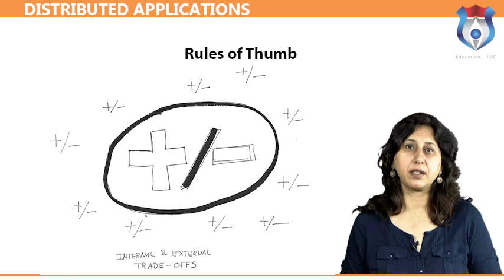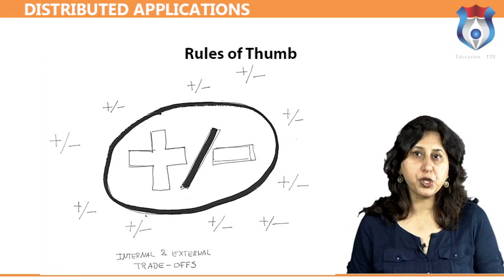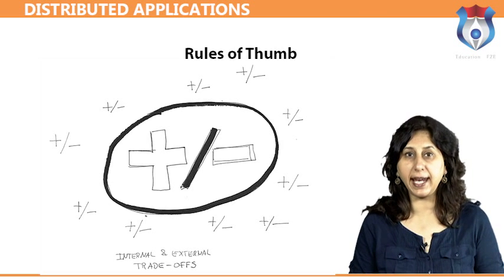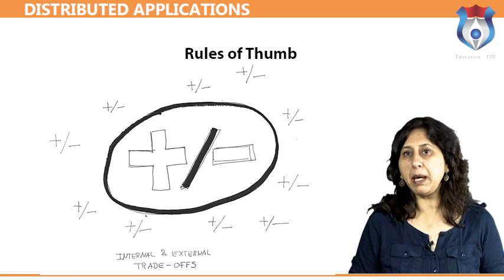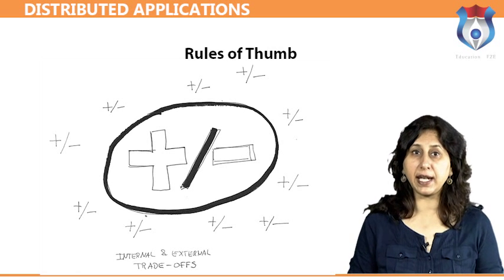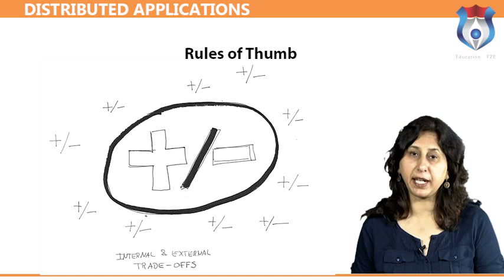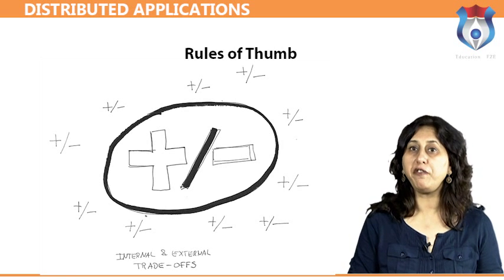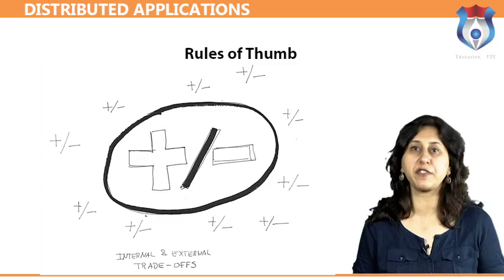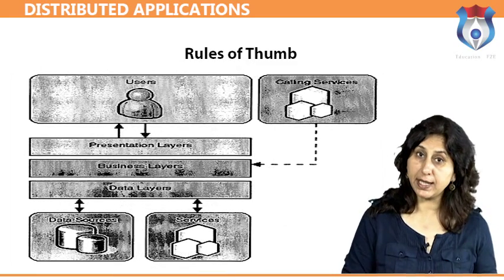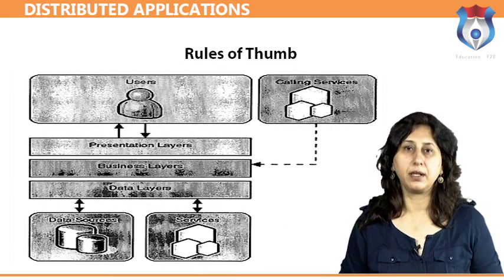End-to-end argument. Implementing encryption as part of the communication layer, for example, may be less secure than end-to-end encryption implemented by the application and therefore offer users a false sense of security. Policy versus mechanism.